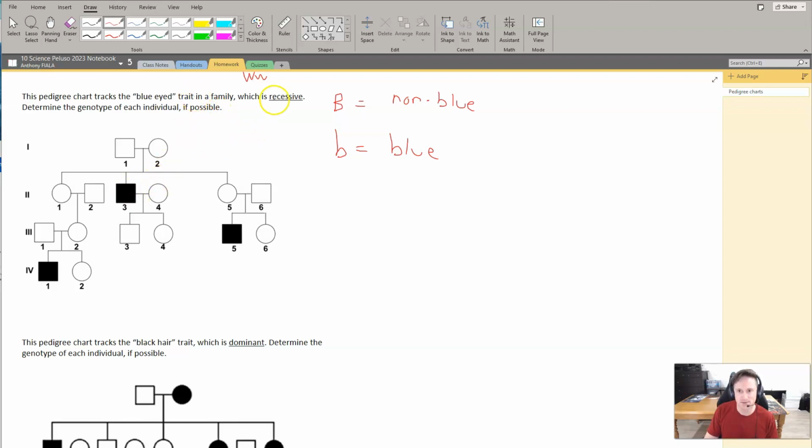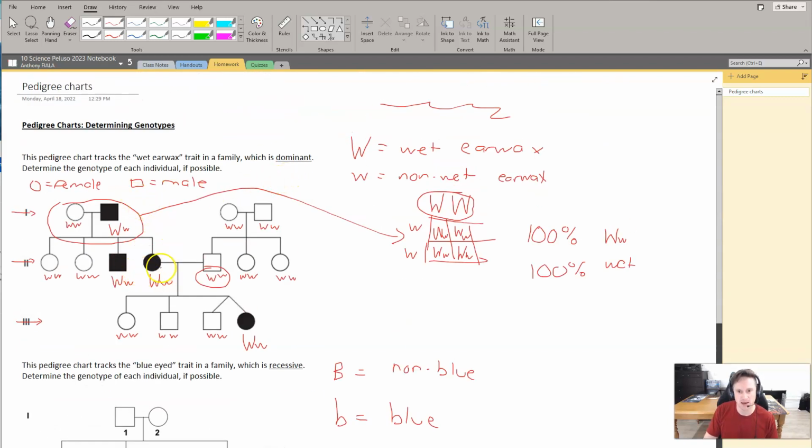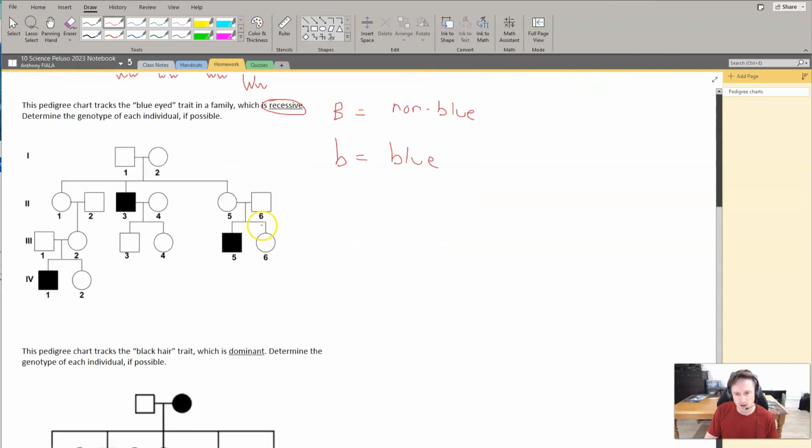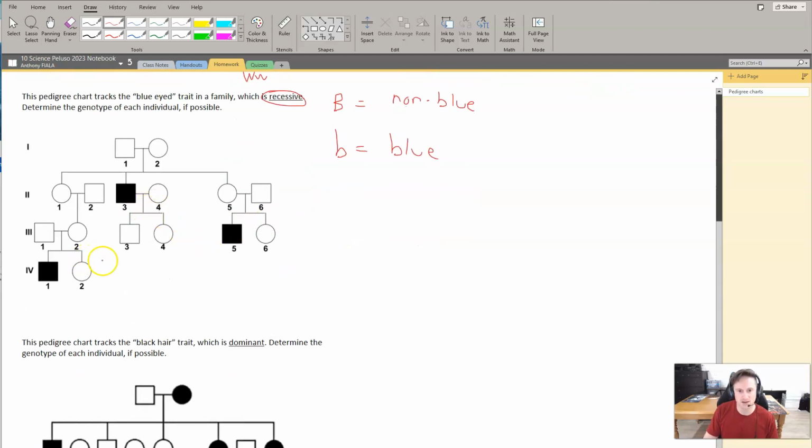Okay, so in this instance, the shaded squares or circles have blue eyes, and that is recessive. That's different to this one here, because this one here, the shaded trait was the dominant trait, but down here, the shaded trait is the recessive trait. So now I know that all of these individuals that are shaded are little b, little b.